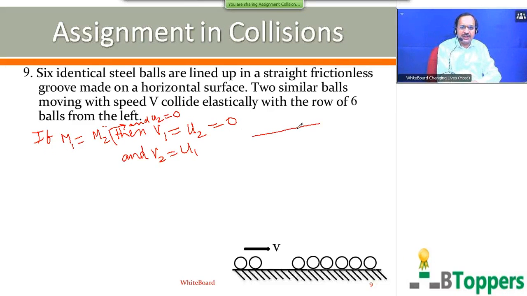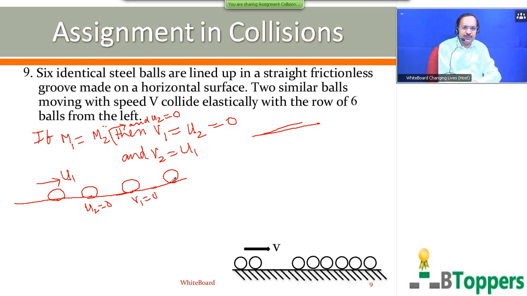That means in a one-dimensional elastic collision, if the two colliding bodies have same mass and one of them is initially at rest, then after the collision, the first one which was originally in motion will come to rest.